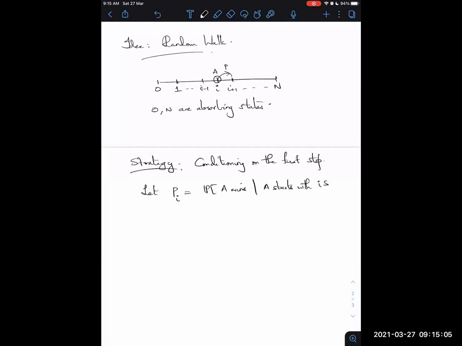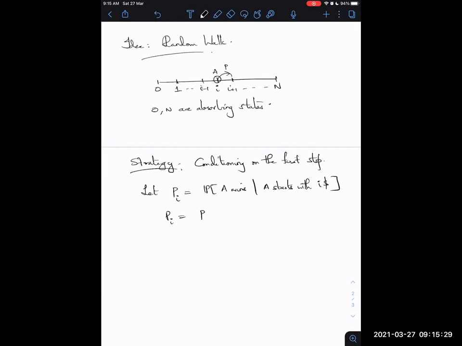All right. Now we need to somehow find the RHS of Pi. So how do we model that? With probability P, A wins that given round, and then A moves to I plus 1.